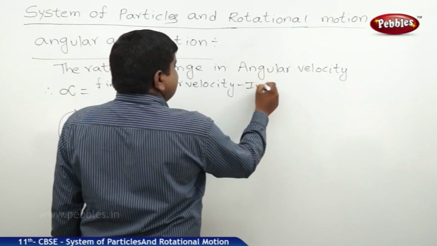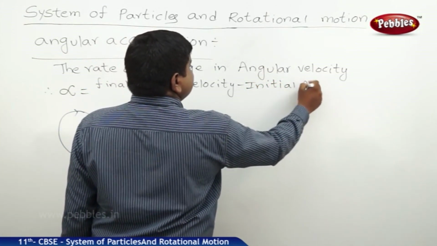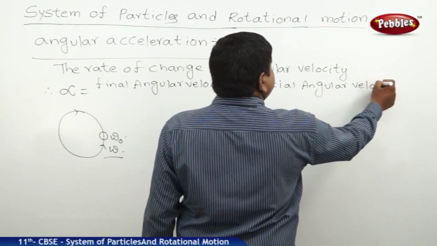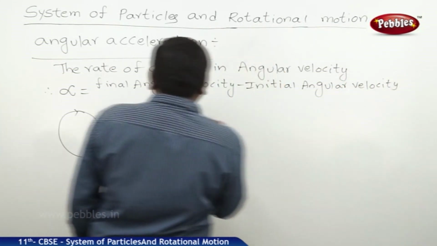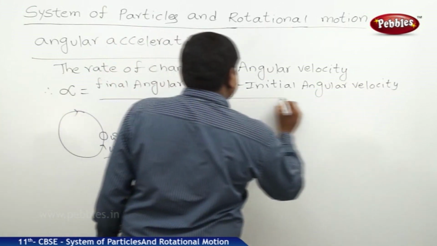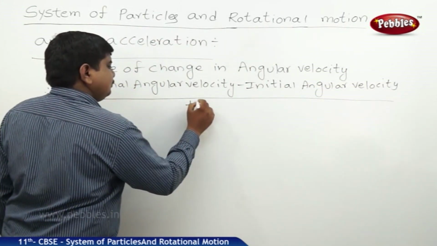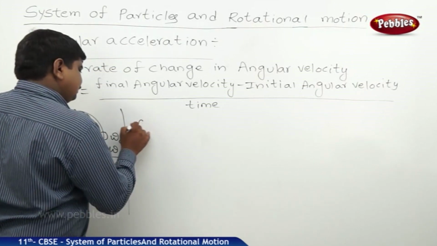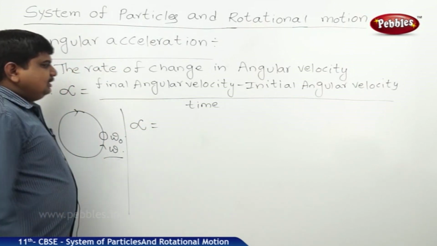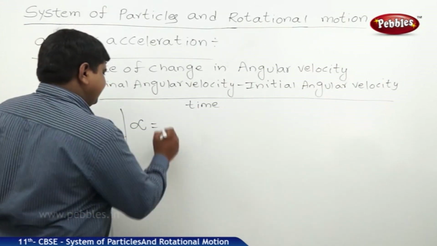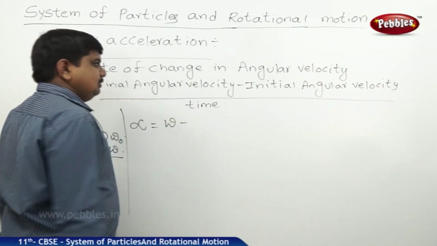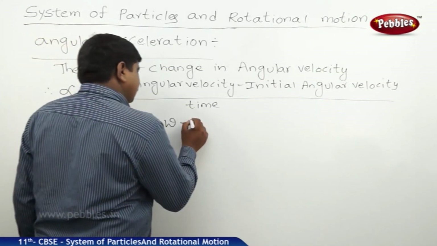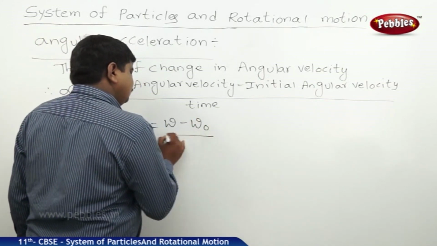Therefore, alpha is equal to final angular velocity omega minus initial angular velocity omega naught, whole divided by time.